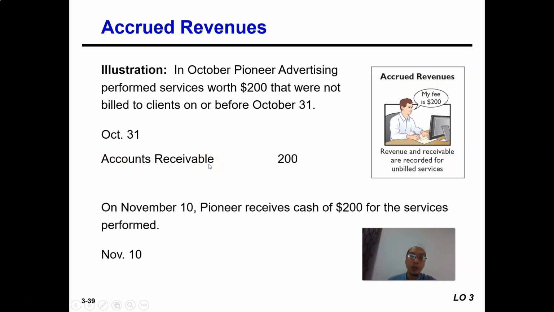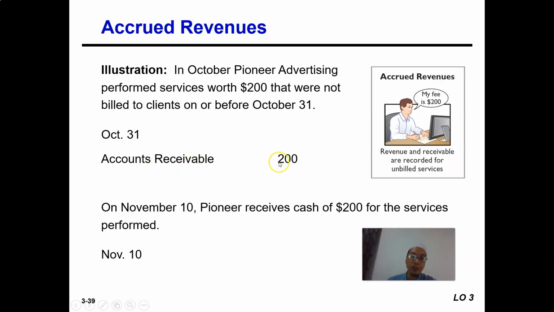First we need to record an asset, because Pioneer Advertising has done the work and is expecting to get a benefit of $200, which is cash. That asset is called accounts receivable. When we have done our service and have not received payment from our client, that is accounts receivable.